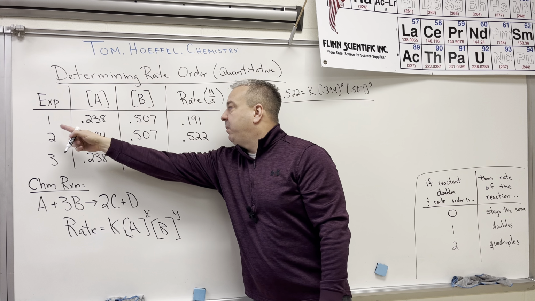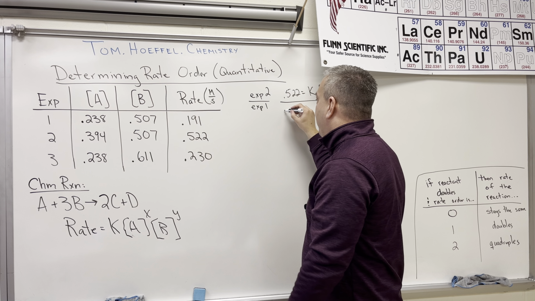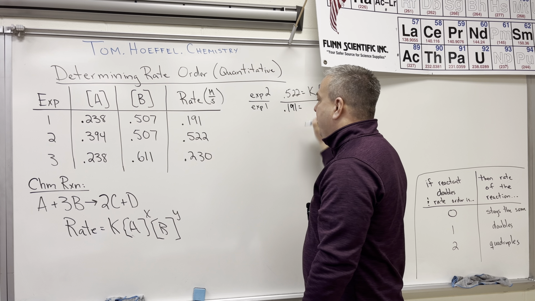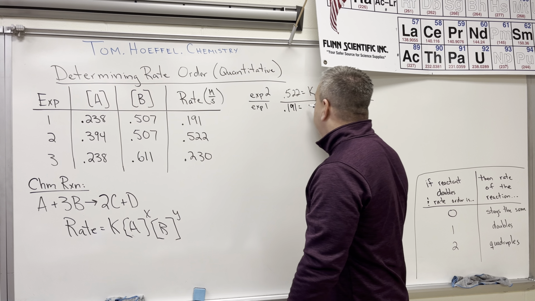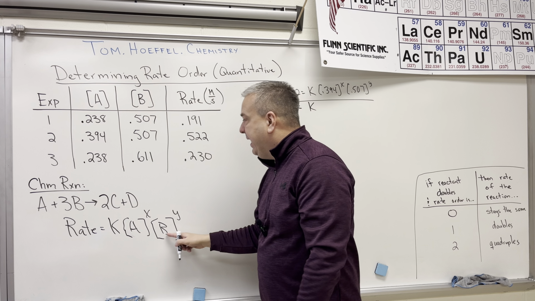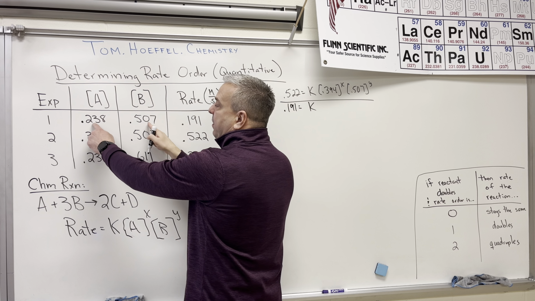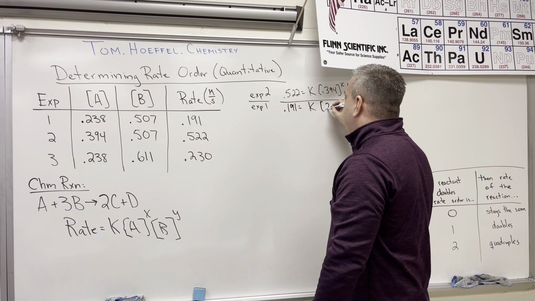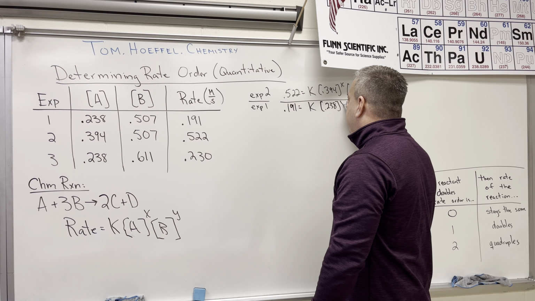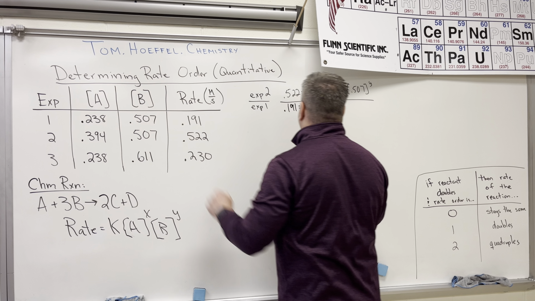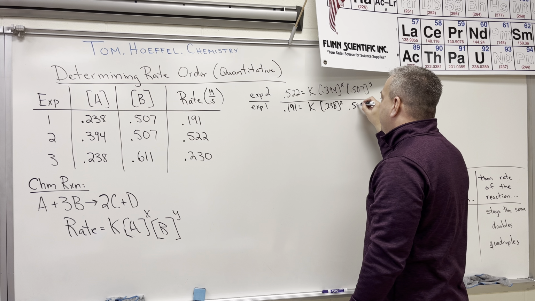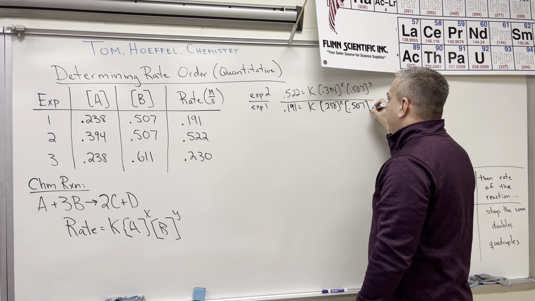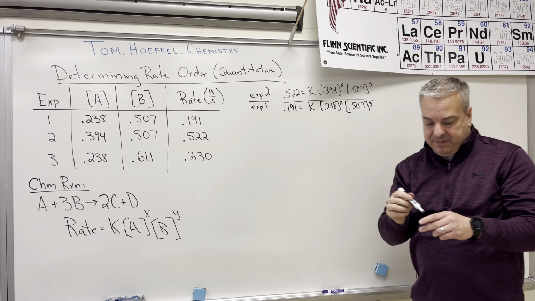In experiment number 1, the rate is 0.191, and that's equal to K times A and B, where A and B for experiment number 1 are 0.238 to the X and 0.507 to the Y here.